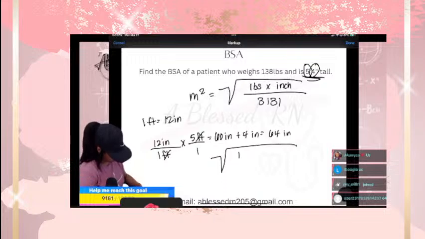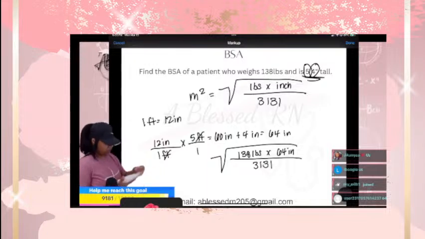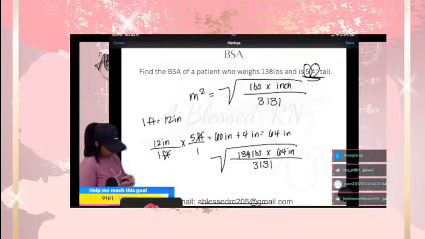So we have 138 pounds times 64 inches divided by 31. So you do that first. So you do 138 times 64. Hit divide 31 equals. Got 2.82.